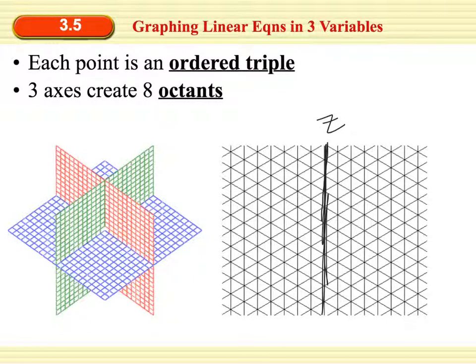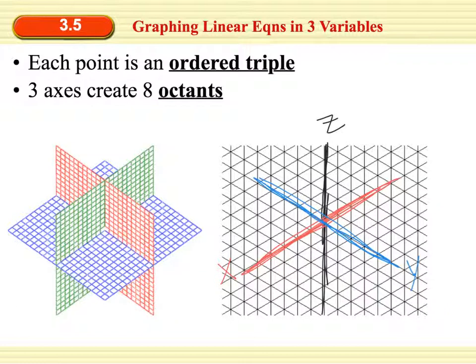Then I will draw in the x-axis, which is going to run along in this direction. And then our y-axis is going to run along in this direction. So this is y, and we said this here was x.